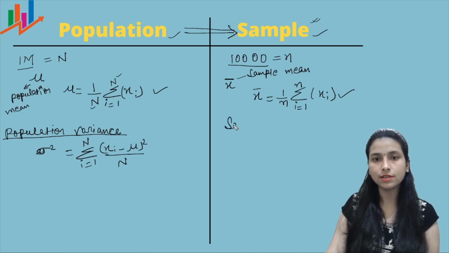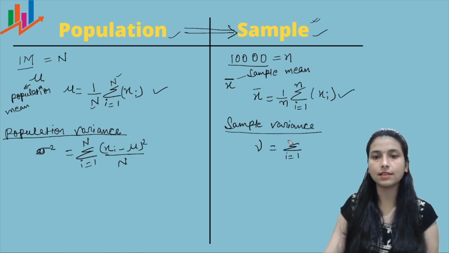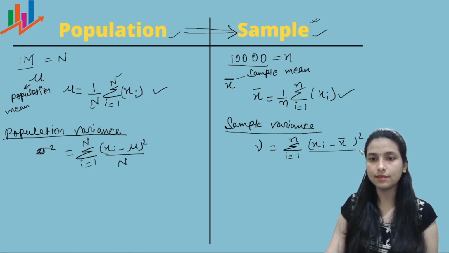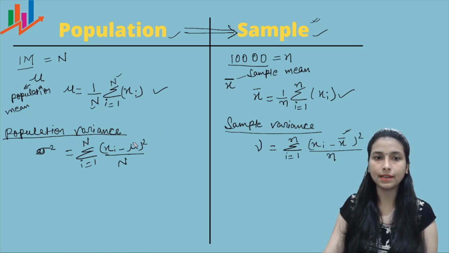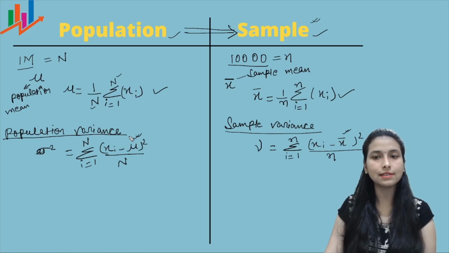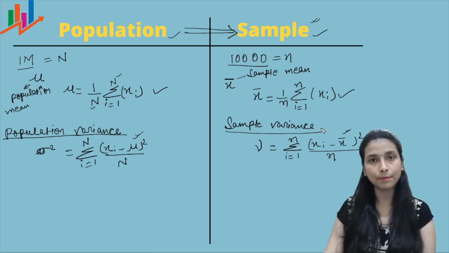If I talk about sample variance, the sample variance formula is summation of i equal to 1 till n, x i minus x bar, square, divided by small n. Here x bar is the sample mean, and mu is the population mean. So these are the formulas for population variance and sample variance.